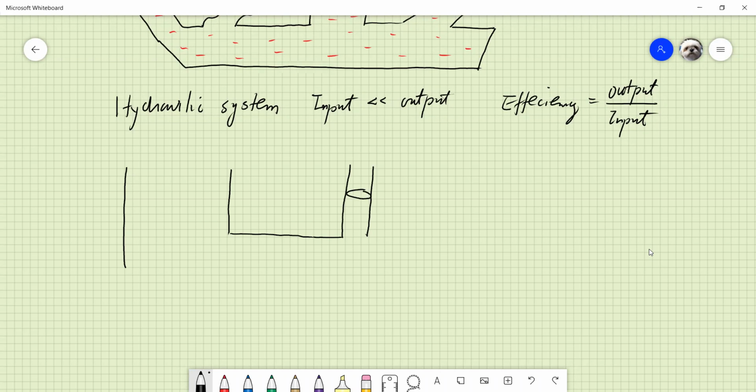You can think about that as a master cylinder. Your braking system is the same idea, a master cylinder. And then here I have another cylinder. That one will be the slave cylinder, or I would call it the primary or secondary cylinder, either way.